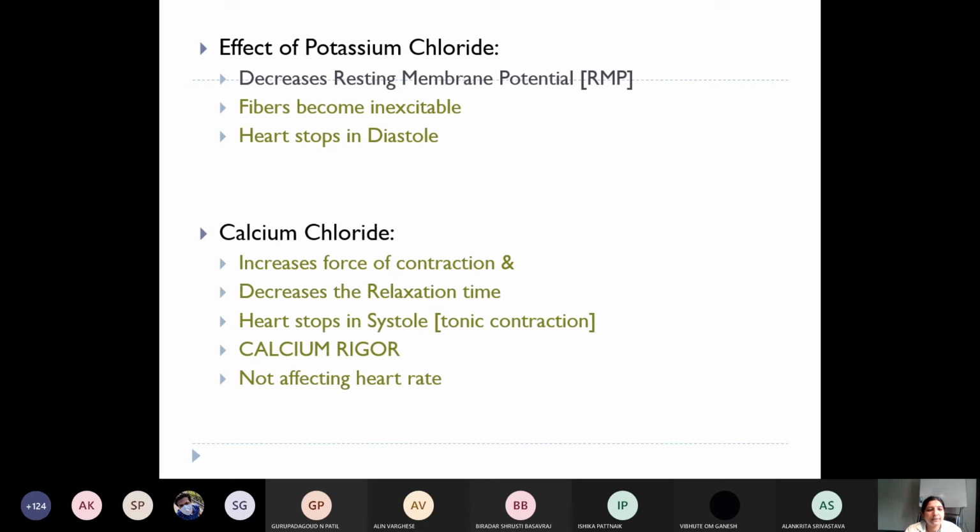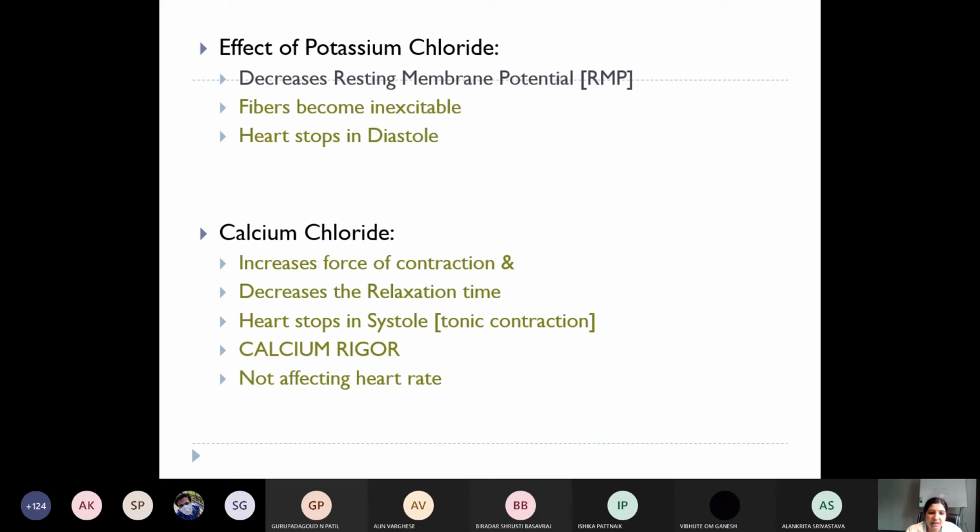Then calcium chloride. Here it increases the force of contraction and decreases the relaxation time. Systole is increased, diastole is reduced. So the heart stops in systole. It remains in a tonic contraction period. That's why it's called calcium rigor.